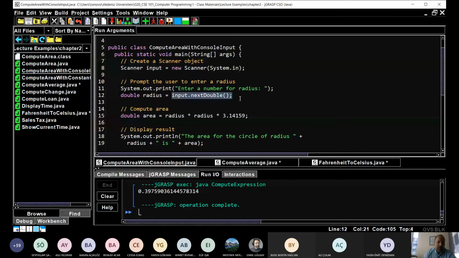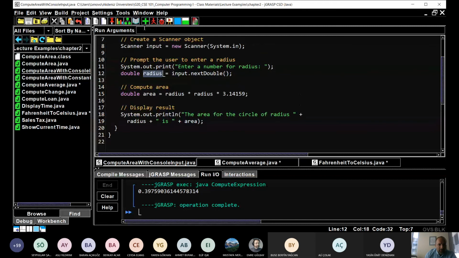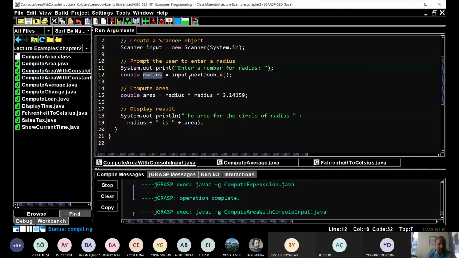Then when it gets that double value, it's going to assign it to the radius variable, and we will use that in the calculation for the area. Okay, so we compile this.